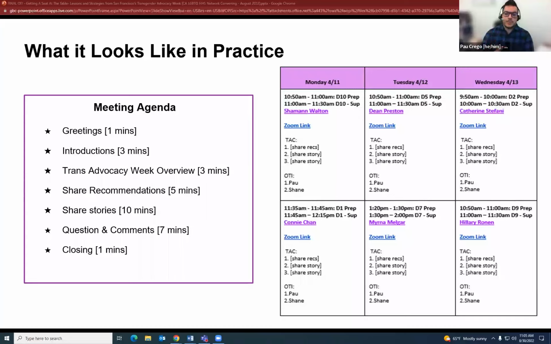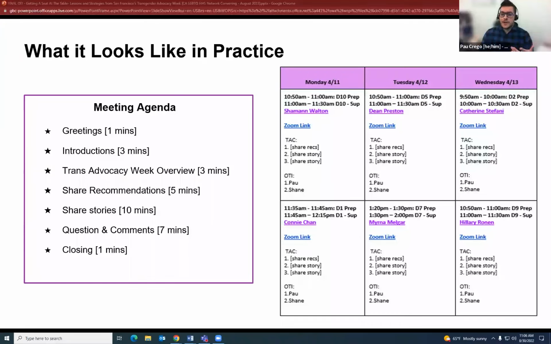So in addition to preparing the recommendations and everything like that, we make sure that we have everything really tightened up in terms of what the meetings with elected officials will look like, making sure that we have a schedule of meeting with each of the elected officials within that one week.